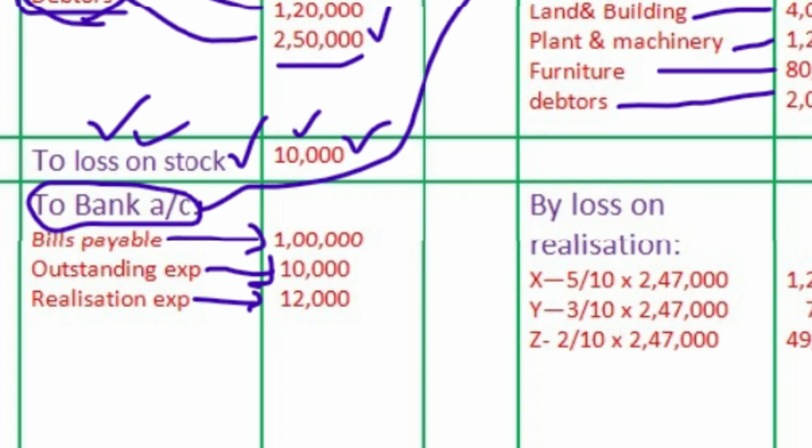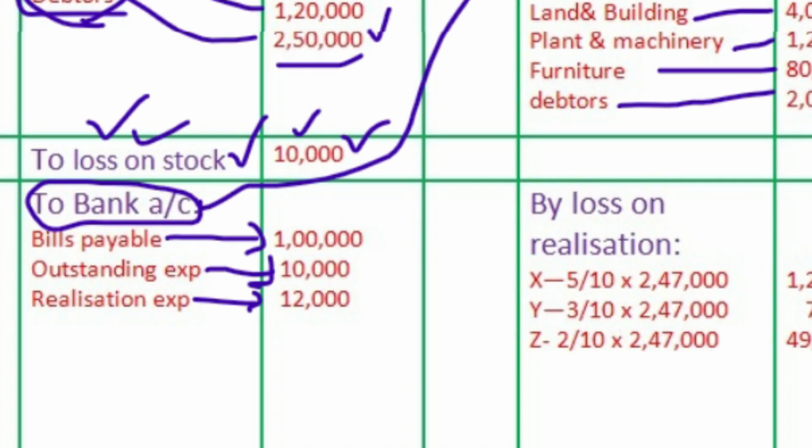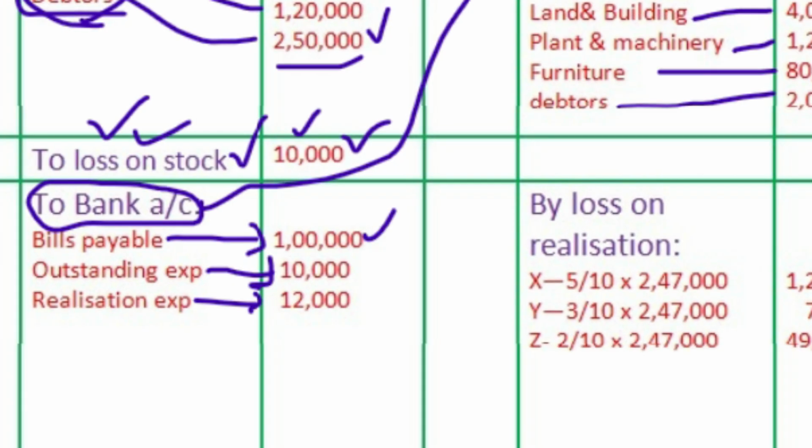Then the bills payable amount is silent in the question. So it means the whole amount is paid, 1 lakh rupees, and here 1 lakh rupees paid. And outstanding expenses, since it is from outside of the balance sheet, from adjustment, only 10,000 amount paid for outstanding expenses. This is the liability, and it is a bank transaction recorded here.